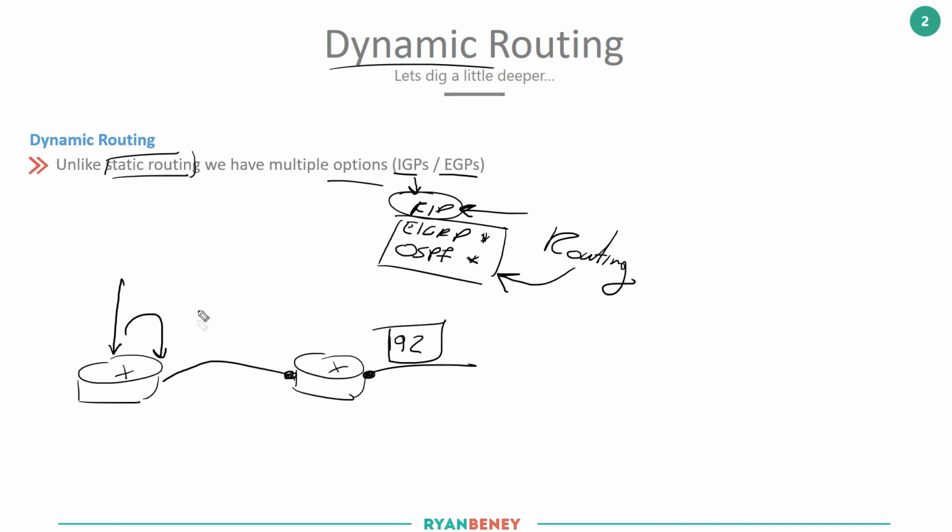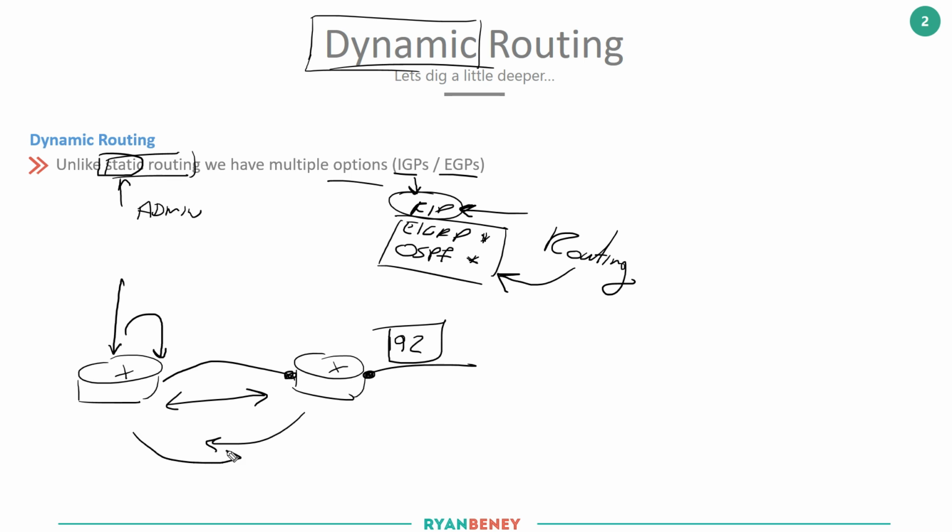And then that enabled us to have some form of routing between the two devices. Well, dynamic routing obviously bypasses the need for any static configuration or admin overhead, and allows the routers to communicate with one another and to advertise the routes that each router knows about in order to have end-to-end reachability without an administrative overhead.